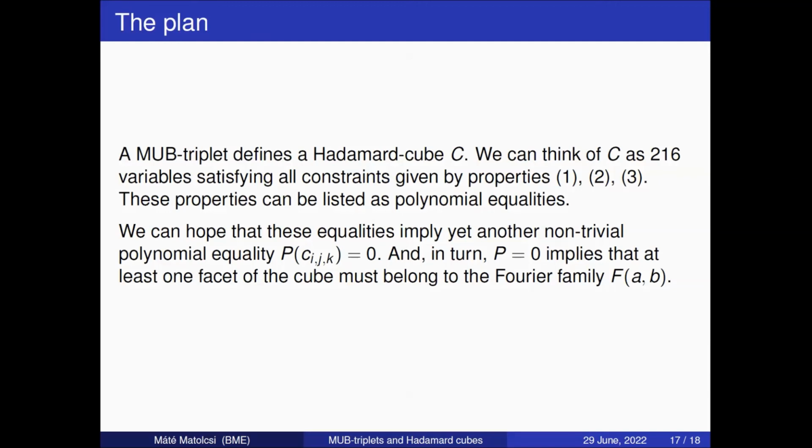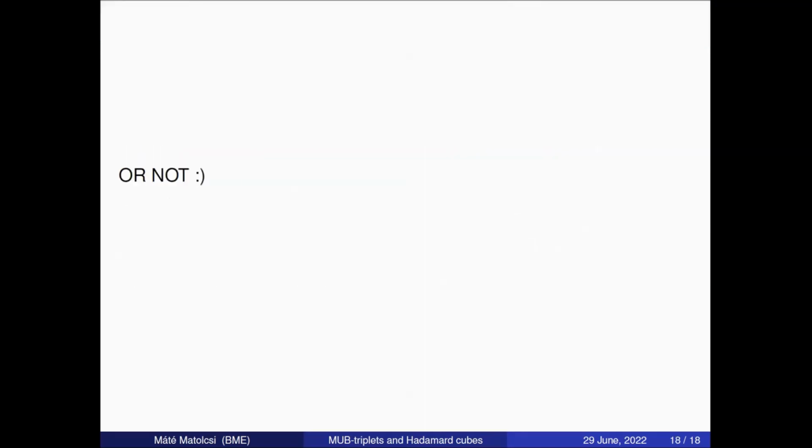On the left-hand side is a huge list of variables and equations, and we are trying to prove something on the right-hand side, which is a single polynomial equation, which is somehow non-trivial. The non-trivial equation we should be able to prove, after this is satisfied, is that one facet of the cube must belong to the Fourier family. If this is the case, then we are done, or not. And that's the end of the talk.